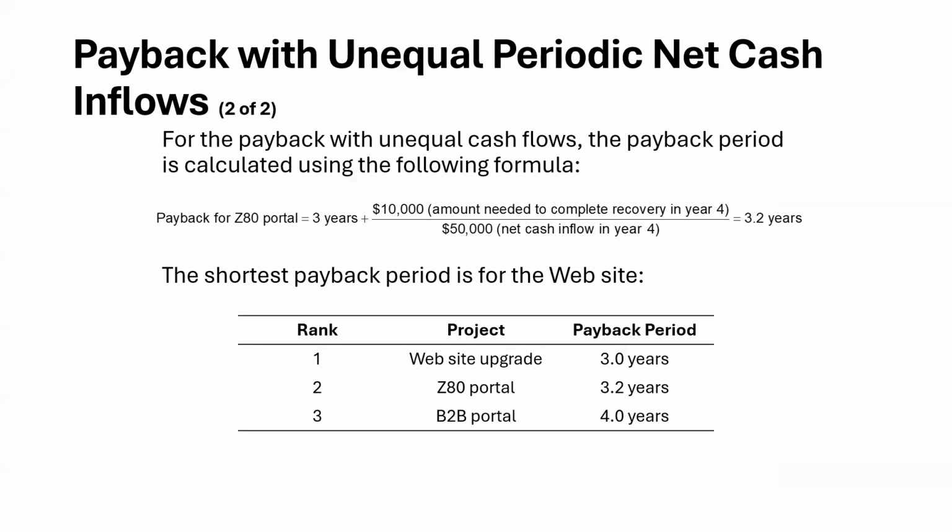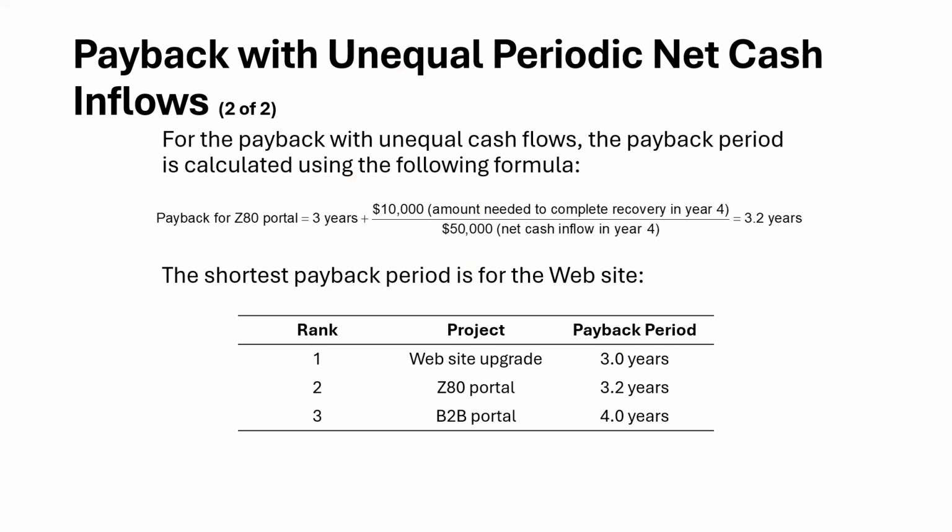Assuming that the cash flows occur evenly throughout the 4th year, the exact payback is 3 years plus the $10,000 amount needed to complete recovery in year 4, divided by the $50,000 net cash inflow in year 4. So therefore, the exact payback is what? 3.2 years.